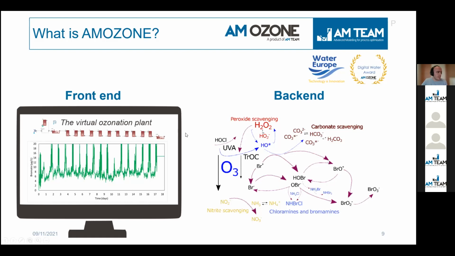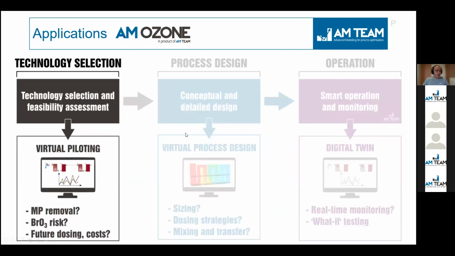Let's move to the next slide. Now, I already briefly explained what Amazon is and how it works in a nutshell. Now, where can it help you all? In this webinar, we have technology vendors present, we have designers present, and we have people from the utility present, so people who are going to operate these plants, process engineers, for example.